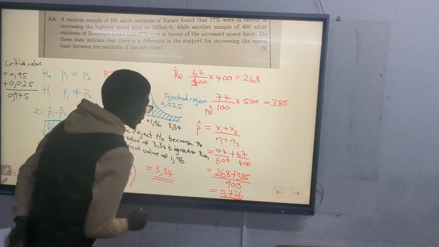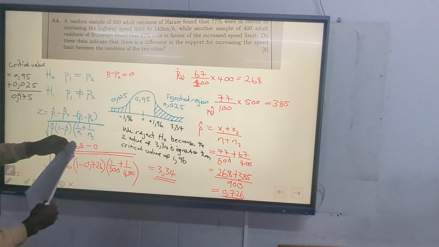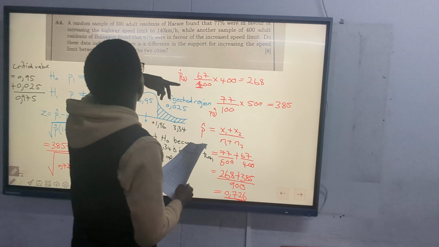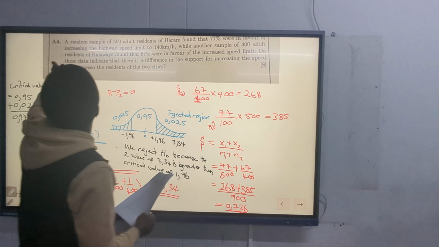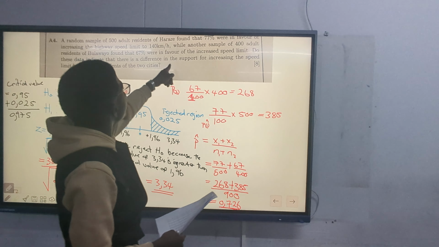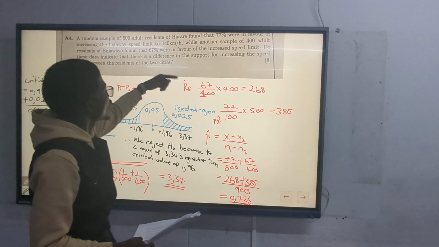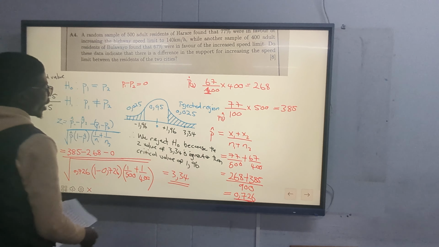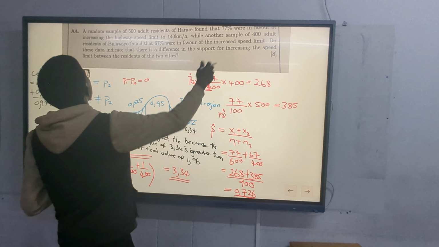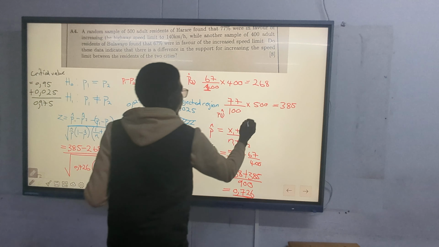Therefore, the final conclusion of our question is: do these data indicate that there is a difference in the support for increasing the speed limit between the residents of the two cities? Since we have rejected the null hypothesis, there is a difference.